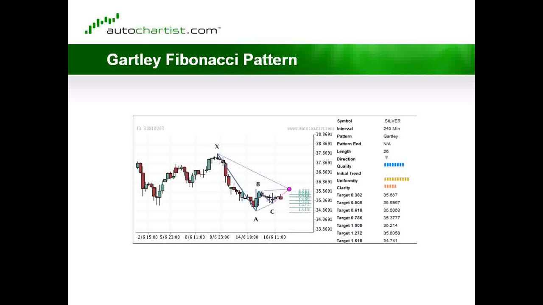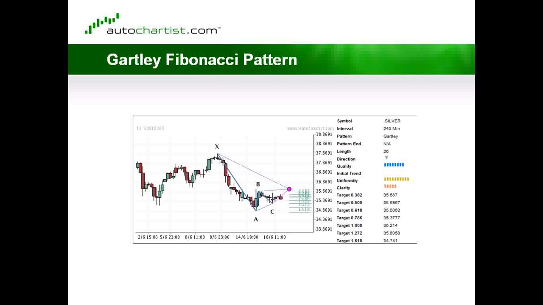And just to look at some of the background of this pattern, this represents a convergence of the Fibonacci retracement and extension levels at point D. And so again, once you see that, you're going to have better confidence when you try to establish your risk-reward ratio.